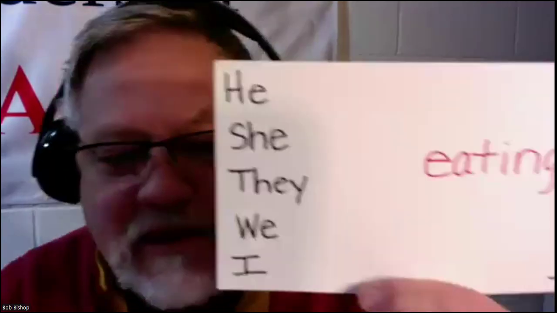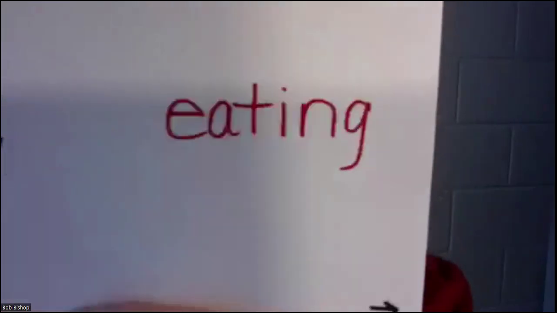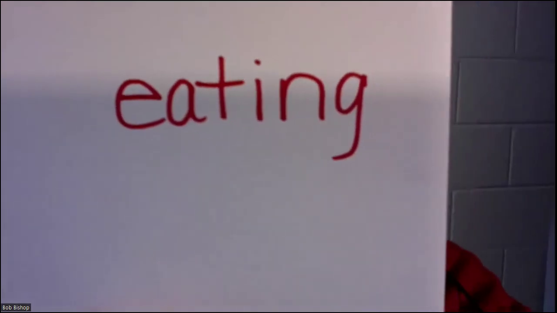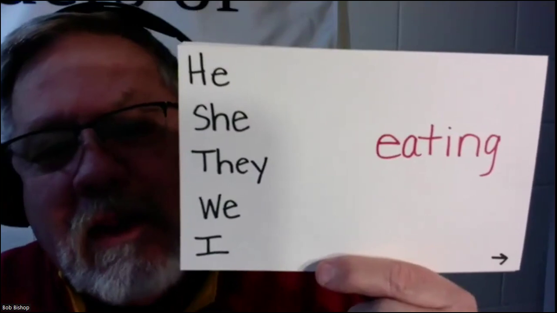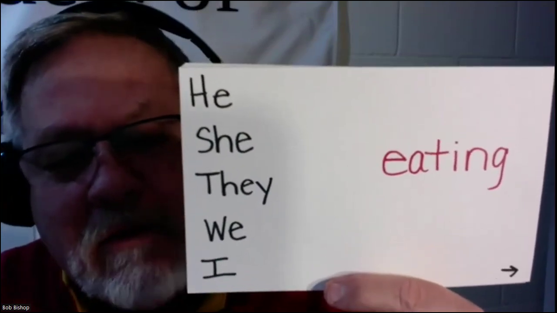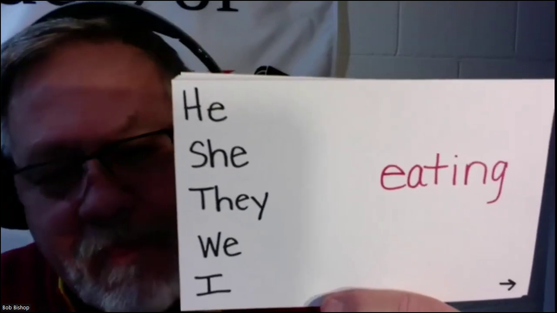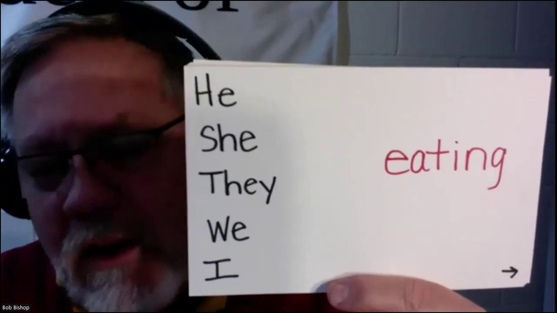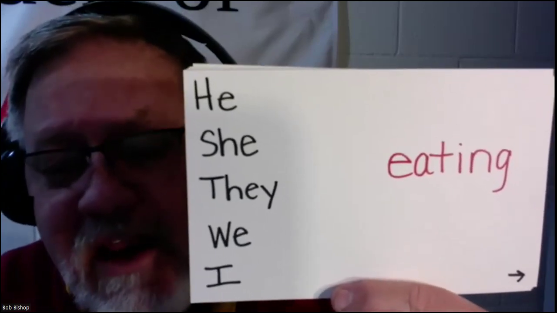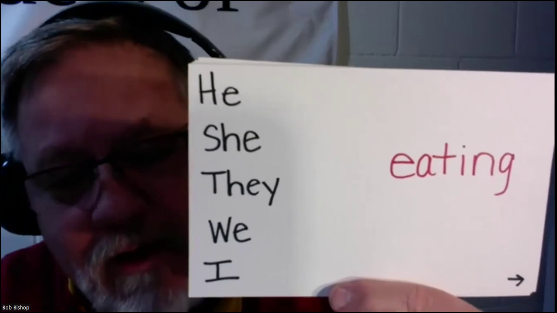All right. See if you can get these. Now, the verb word is eating. Okay. Now, if you use the word he, how would you make it a proper sentence? He is eating.